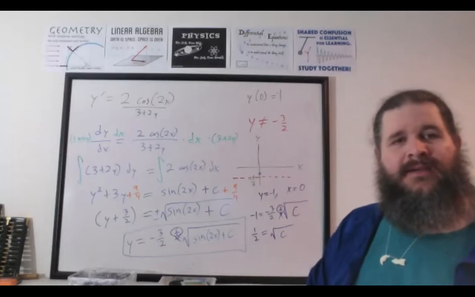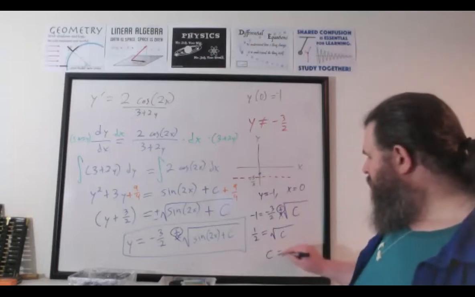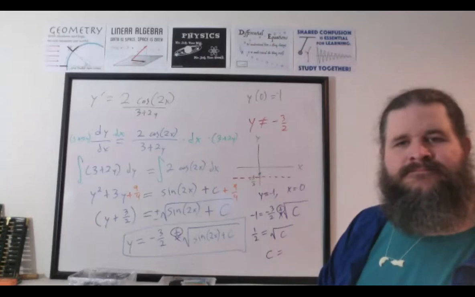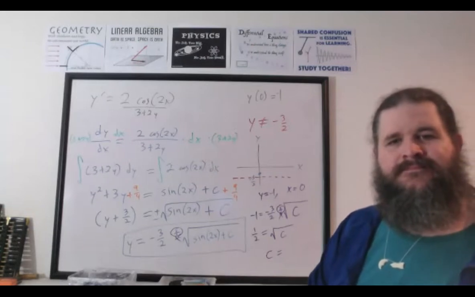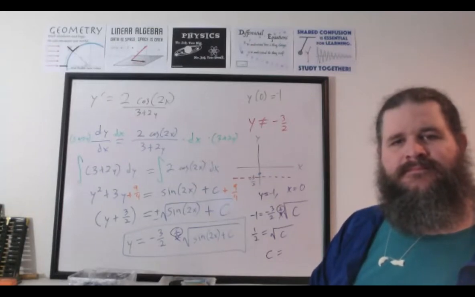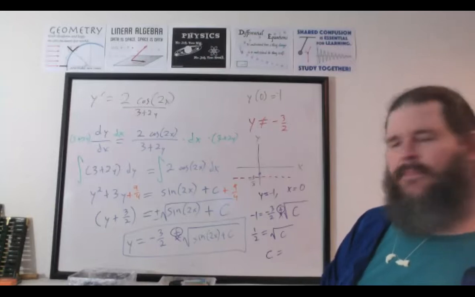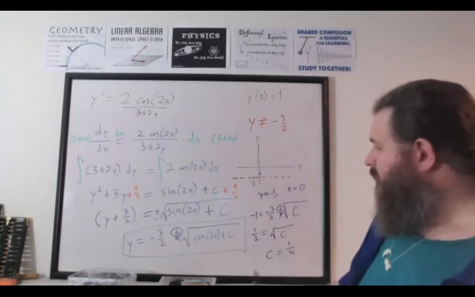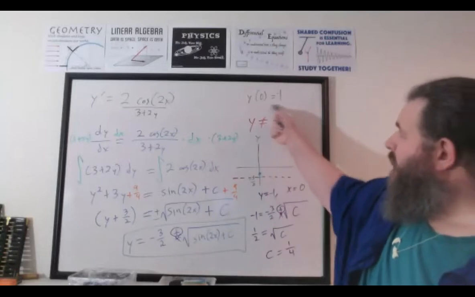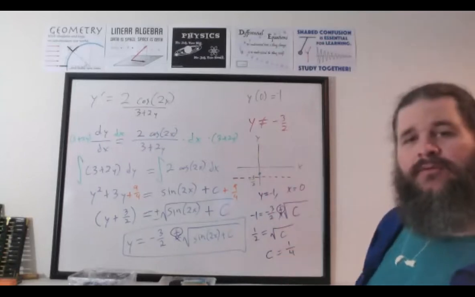So what does c have to be? .25. Yeah, square both sides and we get a quarter. So for the specific solution to pass through this point, c has to be 1/4.